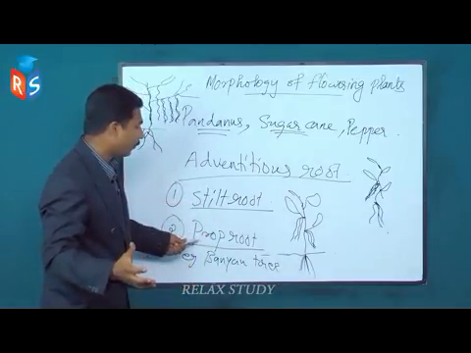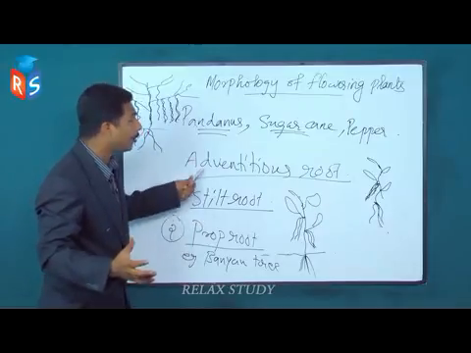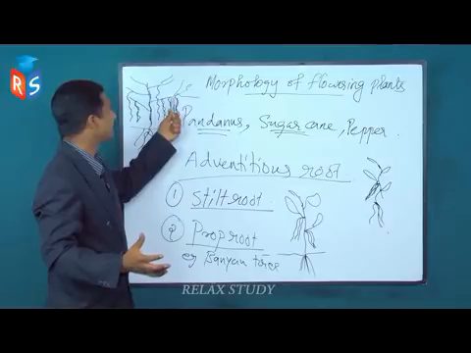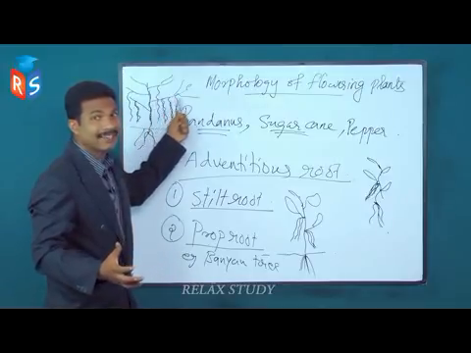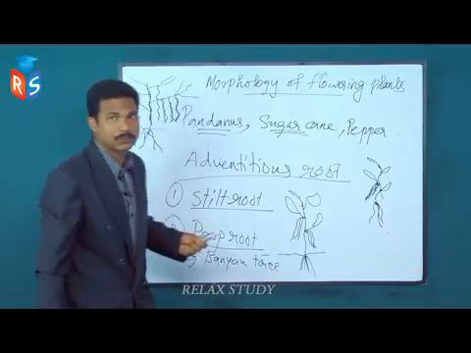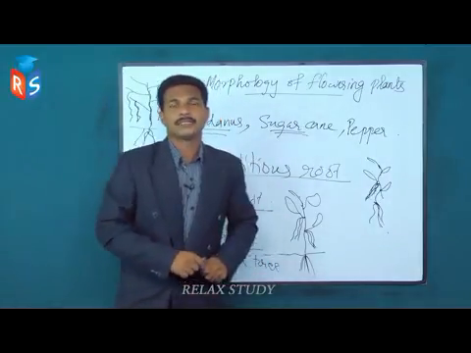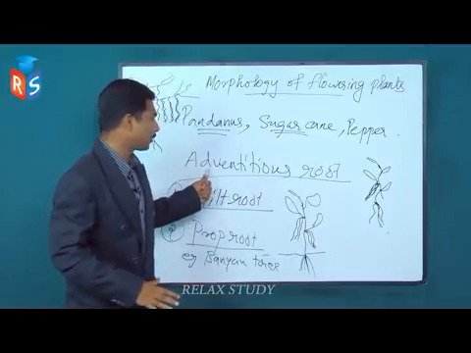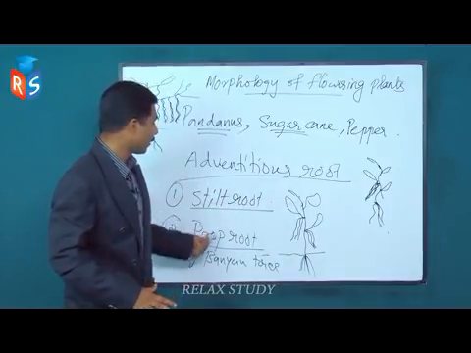So how can we define prop root? Prop root is a type of adventitious root which is developed from the lateral branches, not from the main stem. Example, banyan tree, where you can see such big roots. So that is the character of adventitious roots: stilt root and prop root.